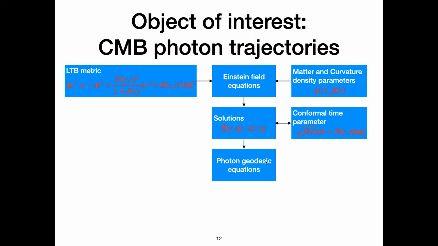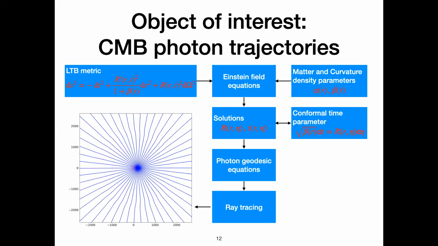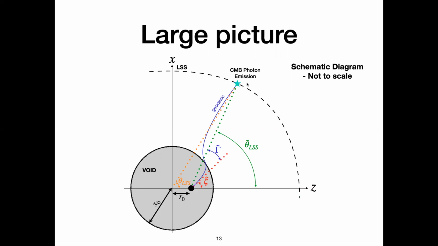These geodesic equations can be solved to find the geodesic of any photon coming from the CMB. And as you can see, due to the presence of the void, there is a kind of bending of the geodesic, of the path of the photon, right? So we will account for this bending in this talk, including what the contributions to this bending are, and what the amplitude of each contribution is.